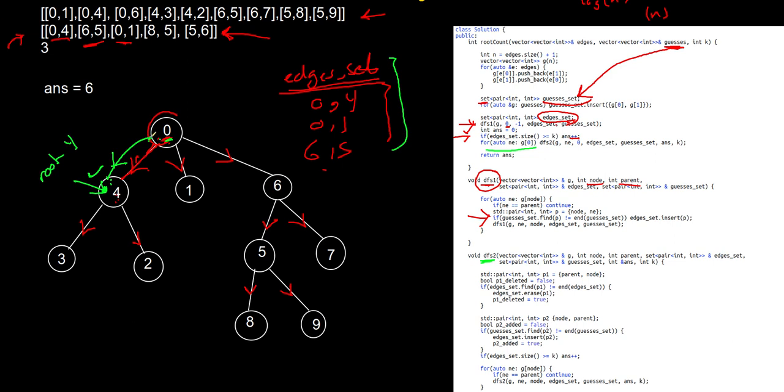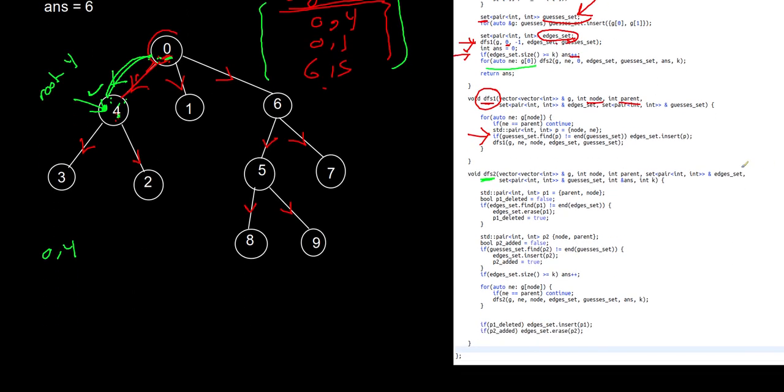Now we came from 0. We need to check if 0, 4 exists in this set. If yes, we need to remove it, because now that the root is 4, the edge becomes 4, 0 instead of 0, 4.